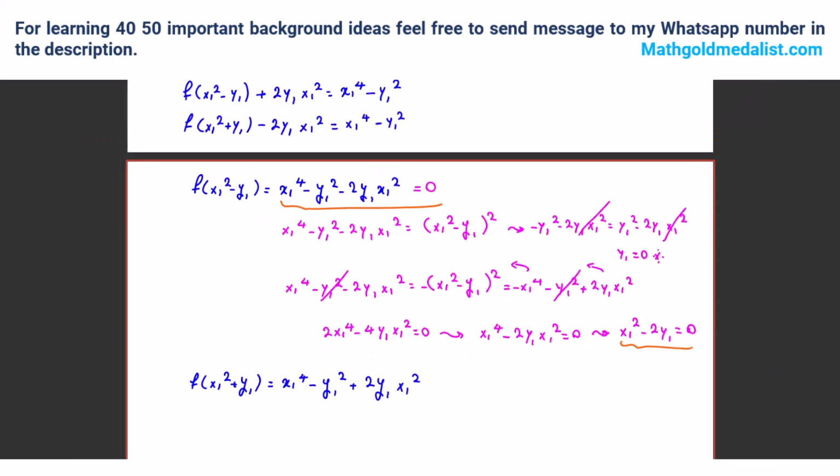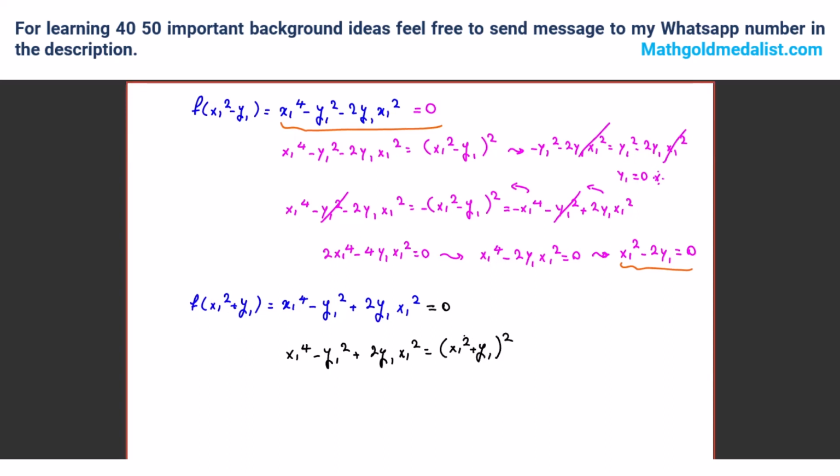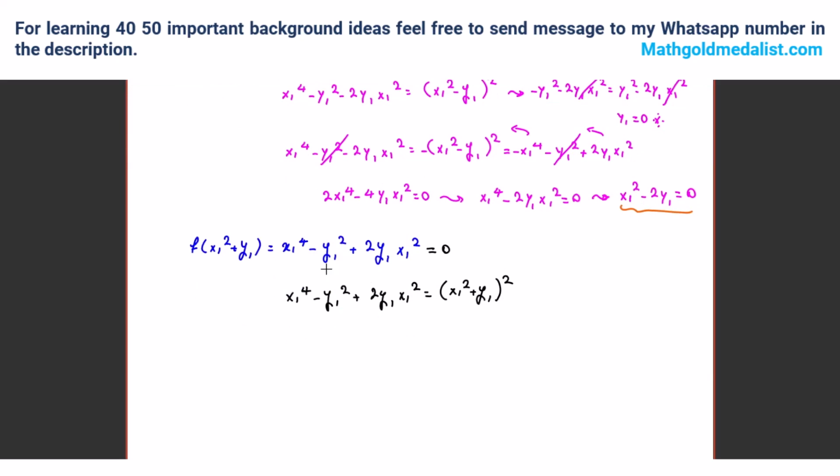Now let's consider the second equation. Again, this one can be 0, one case, or this one, x1 to the 4 minus y1 squared plus 2y1 x1 squared, can be this whole squared, x1 squared plus y1 squared. Or we can say this one is equal to negative of that.